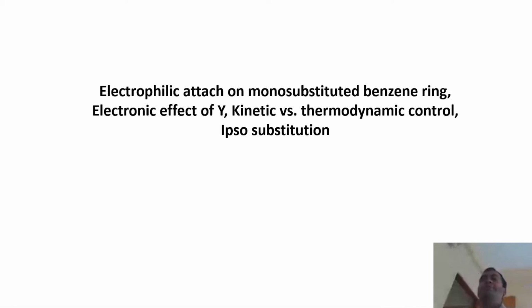So today we will start with electrophilic attack on a monosubstituted benzene ring. Then we will discuss the effect of that substitution, which we denote as Y. Then we will look at the ortho and para orientation, how it depends on different substituents and different incoming electrophiles.